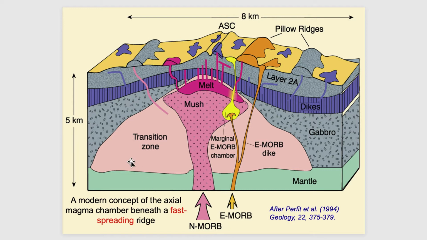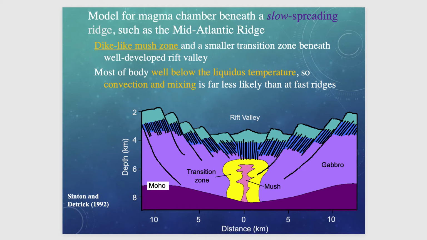Okay, I think the rest is very similar. So we have the mantle here, so remember those dunites and gabbros, and then the sheeted dike complexes and a series of pillow ridges that develop on top and intermixed with sediment. The Atlantic ridge is different. It is a slow spreading rift.